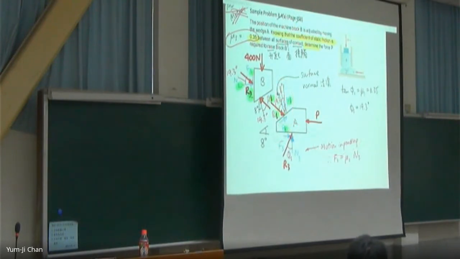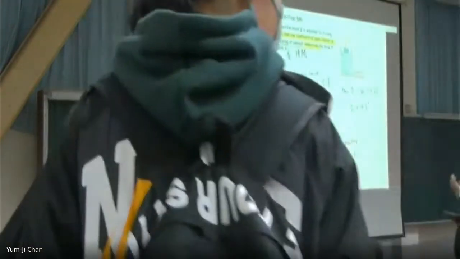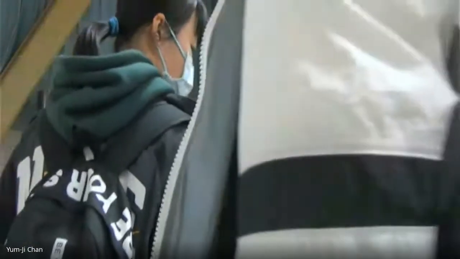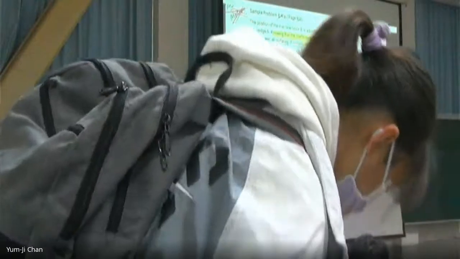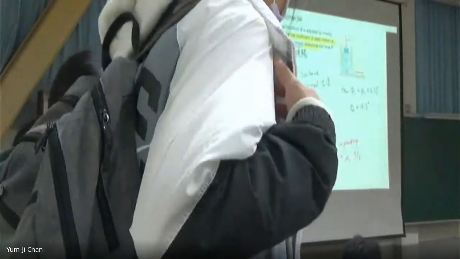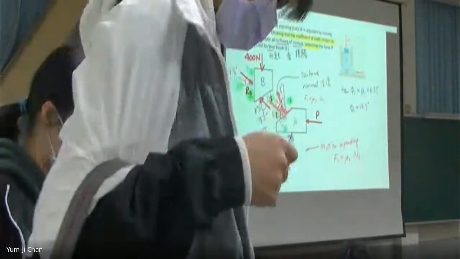Therefore, F1 is equal to mu s times N1. The resultant force of N1 and F1 is R1 here, and it has an angle of 19.3 degrees, which is phi s, to the surface normal.